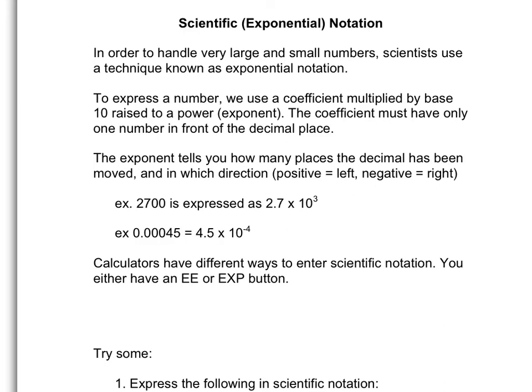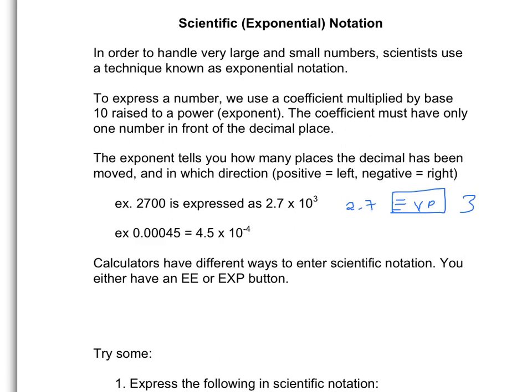In order to do that in your calculator, you type in 2.7, then hit your EE or EXP button, and then hit 3. You never have to type in the times 10. The EXP button takes care of this for you.